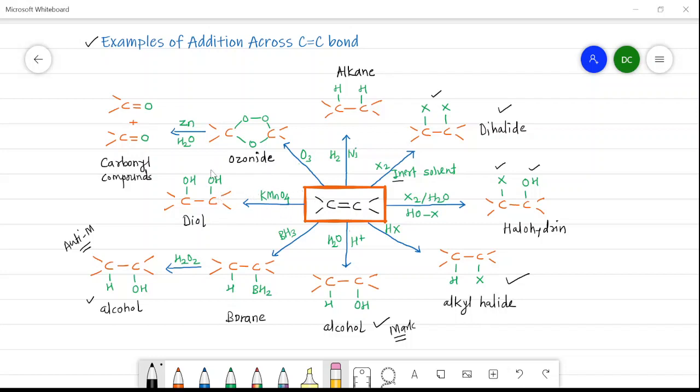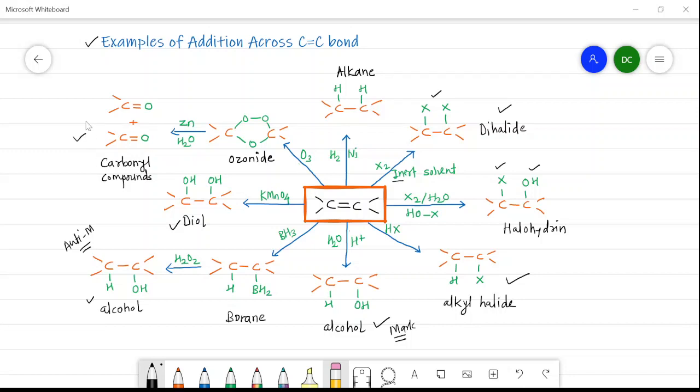Here we get the addition of two OH groups across the double bond, and there is a formation of diol. And the last one is the ozonolysis process. In the first step, there is an electrophilic addition of O3 molecule to form an ozonide. It will be oxidized in presence of zinc and water, or we can take hydrogen peroxide, so that we get a carbonyl compound.